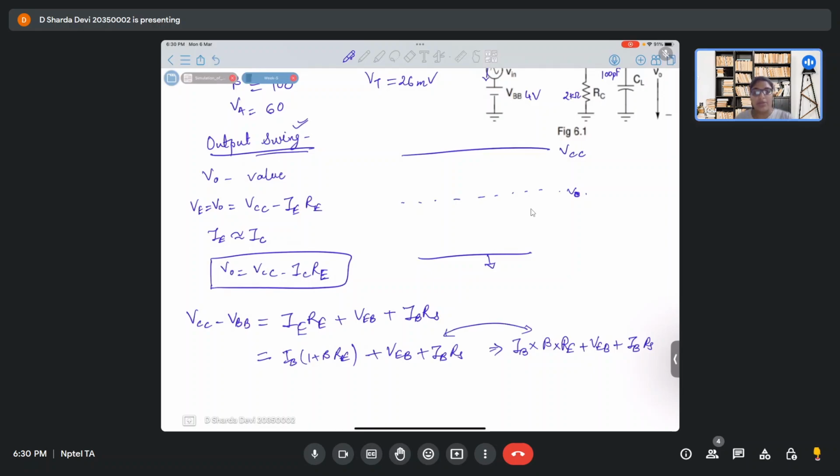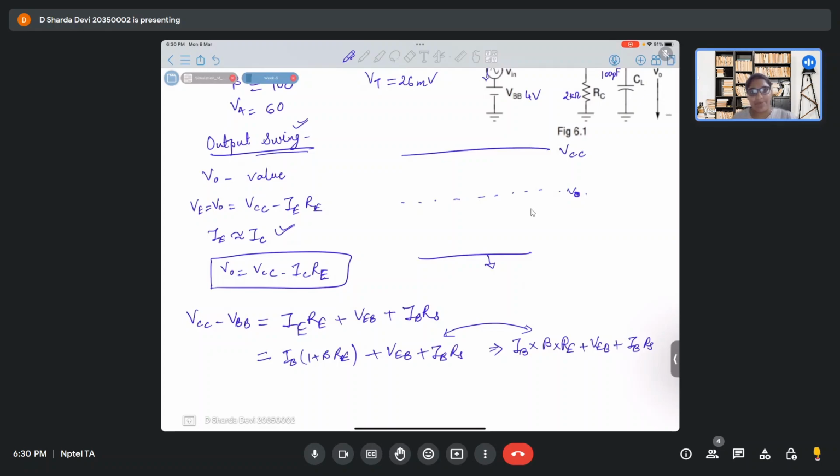Also, one thing I want to mention is that in a numerical answer type problem, you will get a range, so you can give your answer in a certain range. For example, if the answer is between 7 and 8, your answer can vary from 7 to 8 and you'll get the marks. Why is that variation allowed? Because people take several assumptions, and depending on those, the minute values will change. If we consider the assumption of IC almost equal to IE, the results might change by a very minute amount.